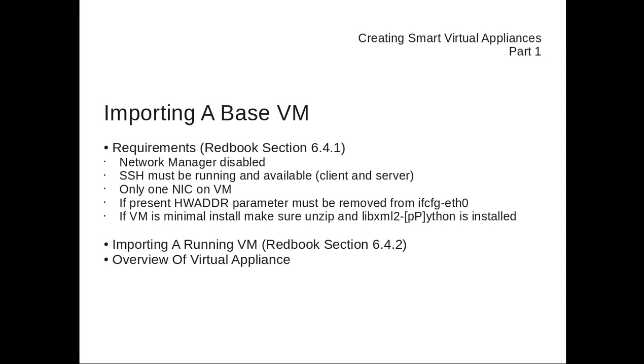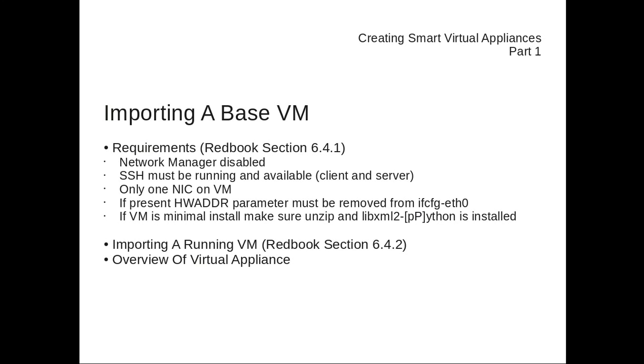Okay, so here are the requirements. You can find these requirements in the Redbook section 6.4.1. Network manager must be disabled. SSH must be running and available on both the client and server. Actually, both the client and server versions. You need the client in order to have SCP available, so that's the SSH client package.